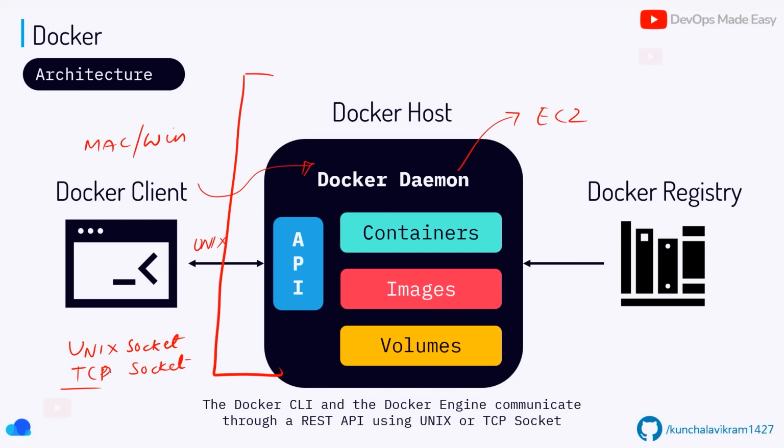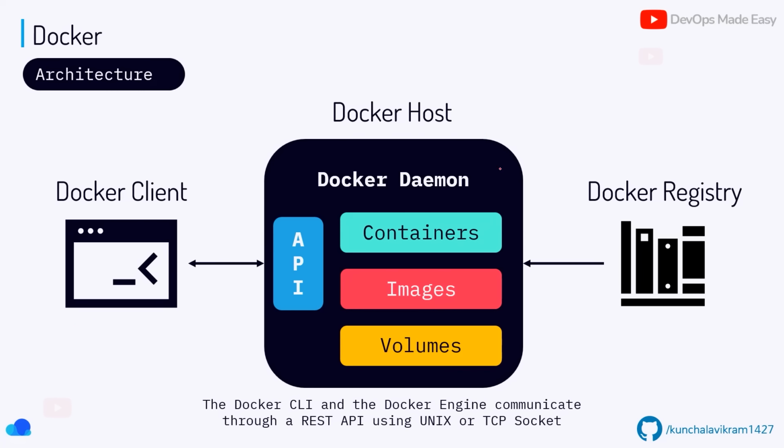Correct. Why TCP is required is when you have the client and server on different machines and you want to establish the communication through the network using the TCP protocol. The default is always the Unix socket, but it is possible to configure TCP communication between the client and the server.